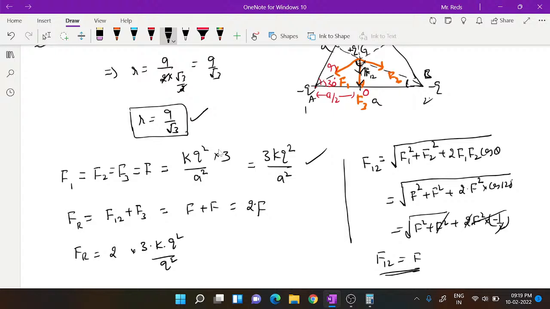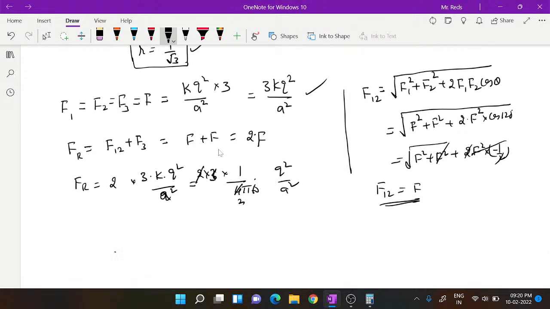If options are given in terms of k only, fine; if they are given in terms of 4 pi epsilon naught, you have to substitute k as 1 by 4 pi epsilon naught. Writing 2 into 3 into 1 by 4 pi epsilon naught into q square by a square, this further simplifies to 3 q square by 2 pi epsilon naught a square, which is the resultant force.